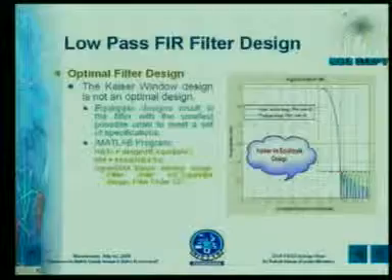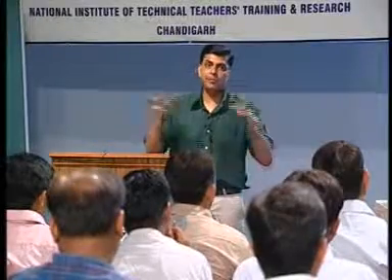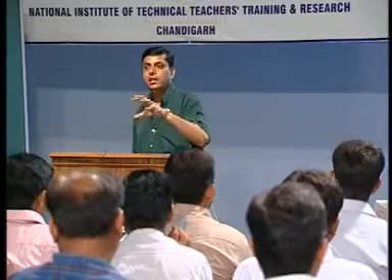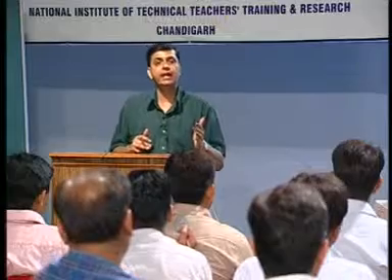We are making one more filter using the equiripple technique. Now, we are comparing these two filter designs, equiripple and Kaiser, and you will see that the Kaiser filter requires more coefficients as compared to equiripple.